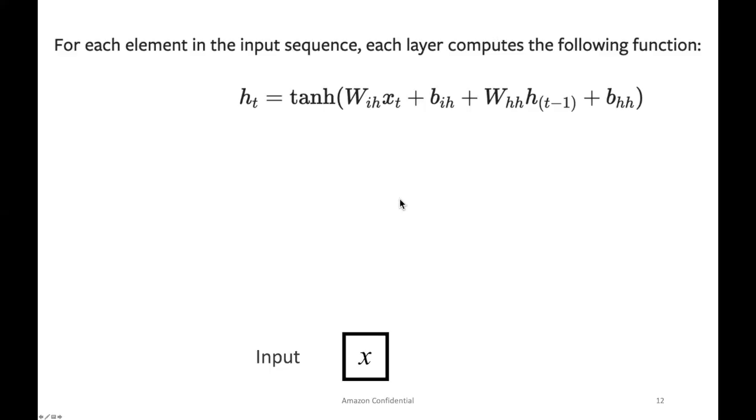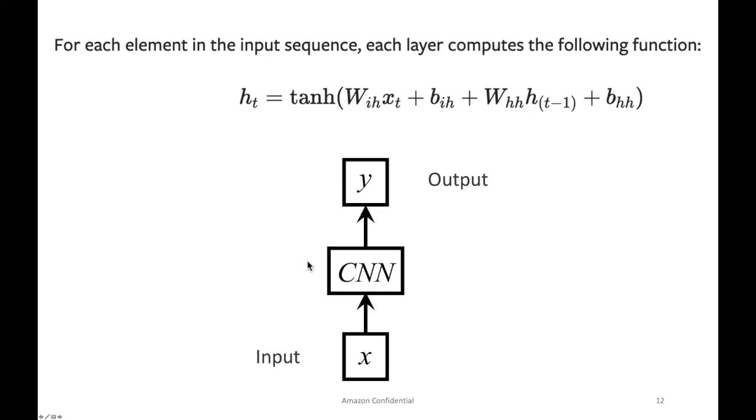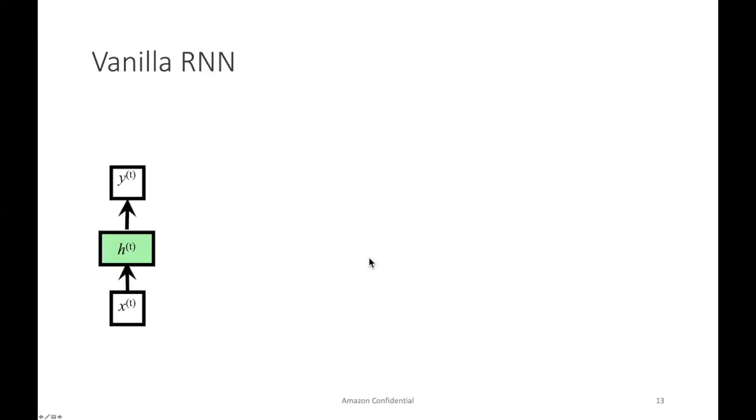So the RNN receives an input xt at any time, then it gives an output which is yt, which is ht at any point of time t. And in case of CNN, that is all you do. But in case of RNN, you have an input xt, you give the output yt, but there is also a feedback loop. Now let's look at how that feedback loop actually works.